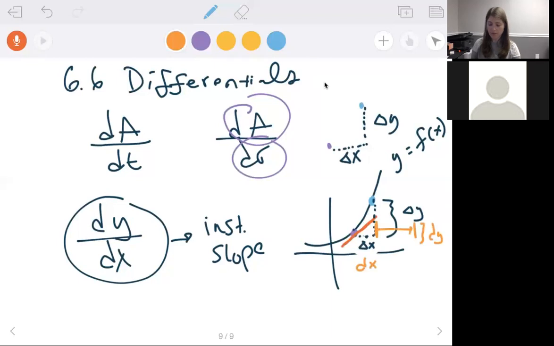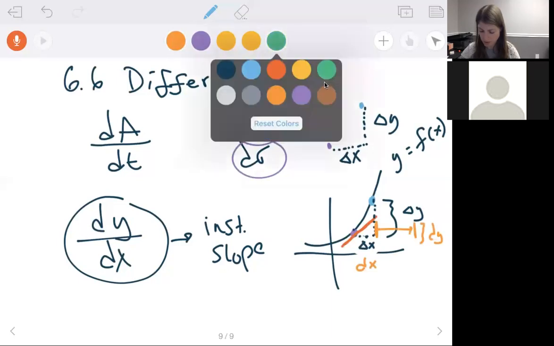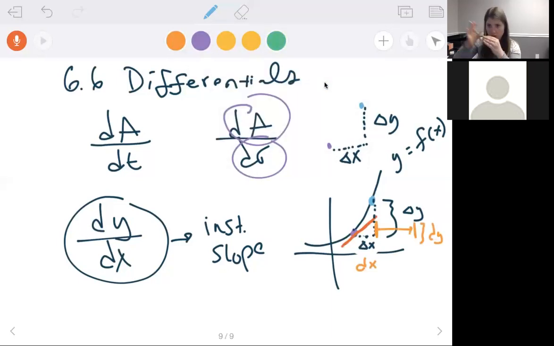Now, if I were to take my triangle and instead of going so far over from the purple to the blue, I were to condense it in, think about in this case, if I go from bottom to function, that component is delta y, the change in the y.